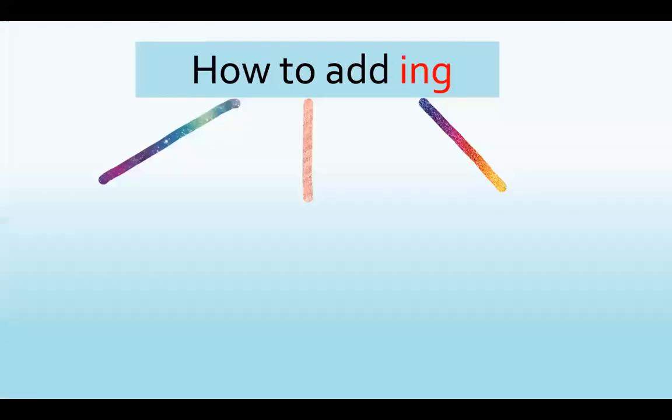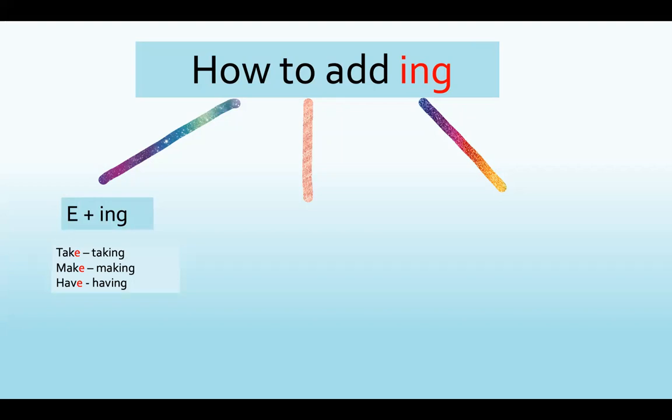Now let's have a look at the spelling rules, how to add the ing form to verbs. So basically there are three cases. The first one is when the verb ends in E. Take, for example, make, have, and so on.